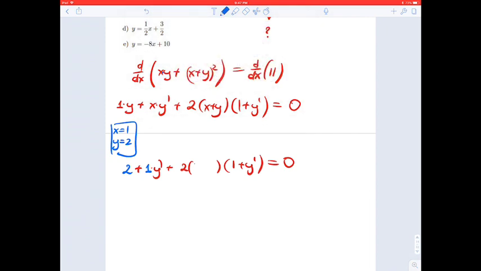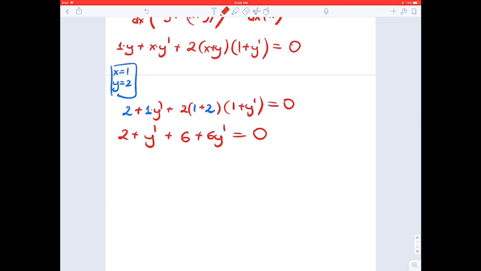And x plus y is simply 1 plus 2. Let's see what we have. 2 plus y prime. 1 plus 2 is 3. 3 times 2 is 6. And I will distribute 6. 6 times 1 is 6. 6 times y prime is 6y prime. 6y prime and 1y prime is 7y prime. And subtracting 8 from both sides, I have negative 8. Dividing by 7, the slope is negative 8 over 7.